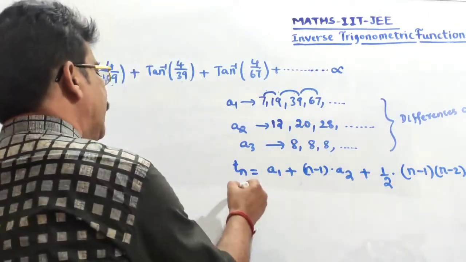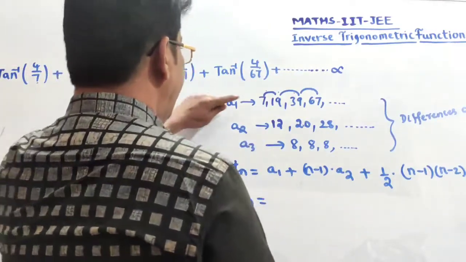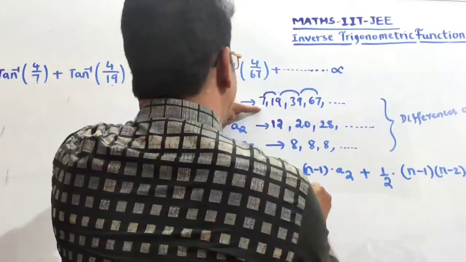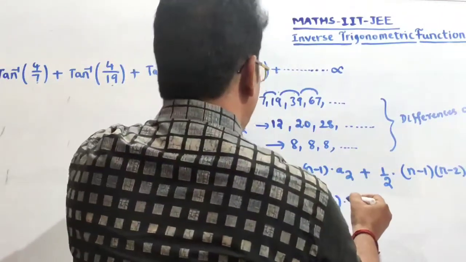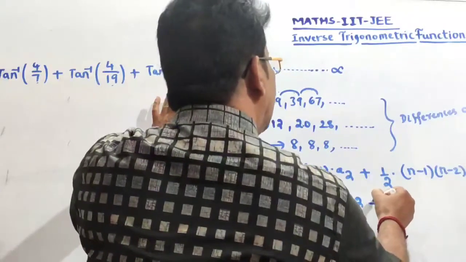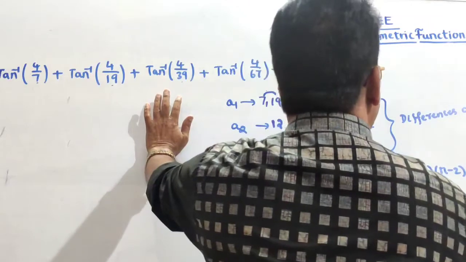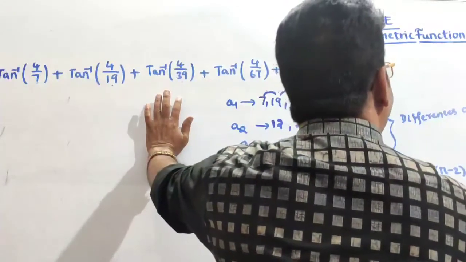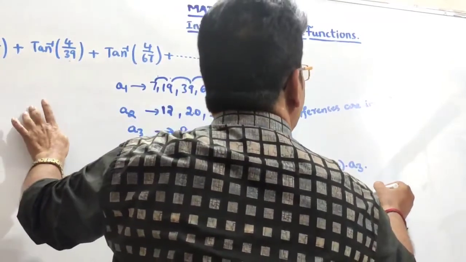So Tn is equal to A1, which is 7, plus n minus 1 into A2, which is 12, plus 1 by 2 into n minus 1 into n minus 2 into A3, which is 8.